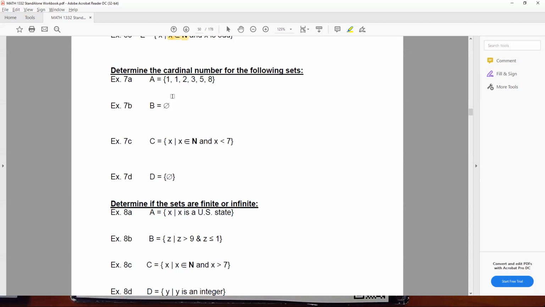So there's only 5 elements. So 7A, let me write this down. A is equal to 1, 1, 2, 3, 5, 8.